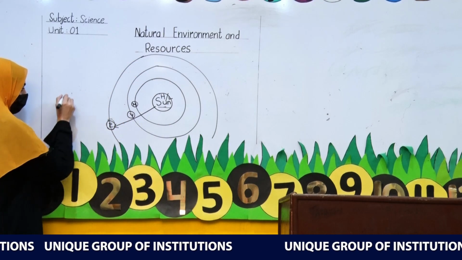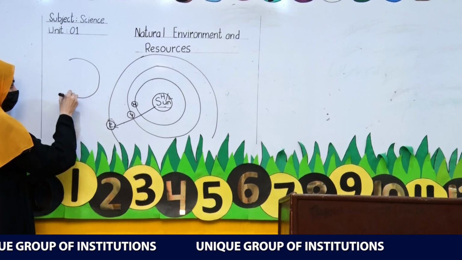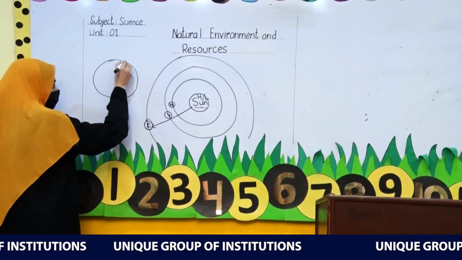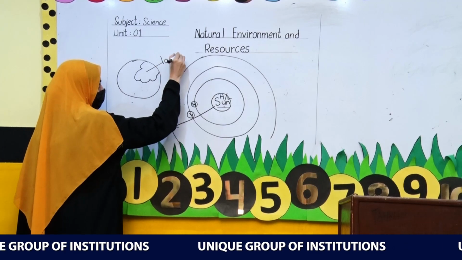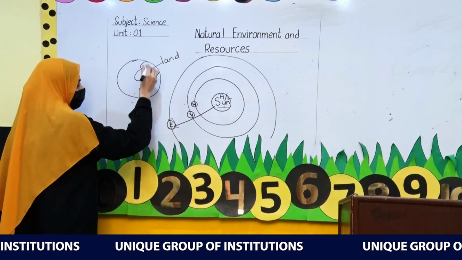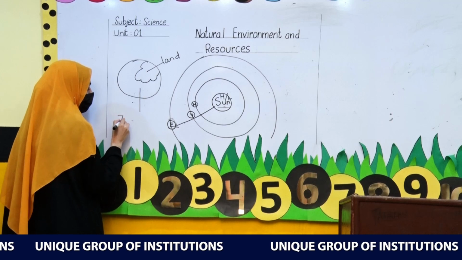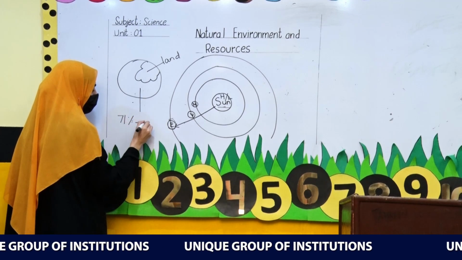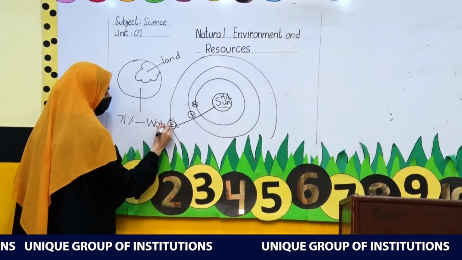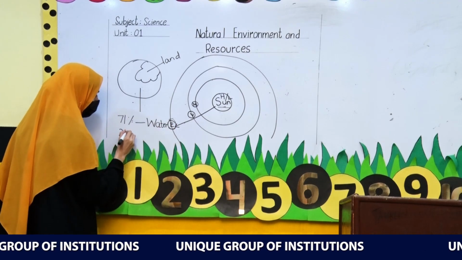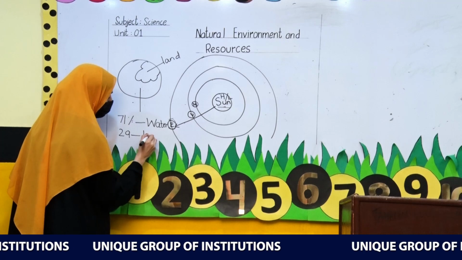If we draw the earth, we can say this is the land and this is the water. As we have discussed, 71% is water and 29% is land.